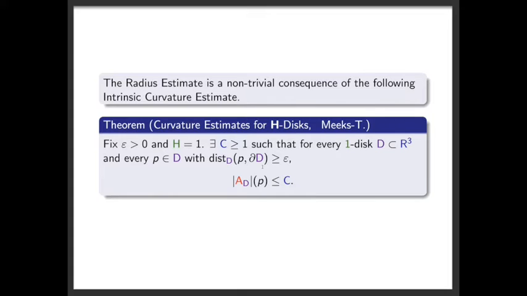This result is actually very hard to prove, so I'm not going to go into the proof of this result, but I'm going to say a few words about the significance of bounding the norm of the second fundamental form.